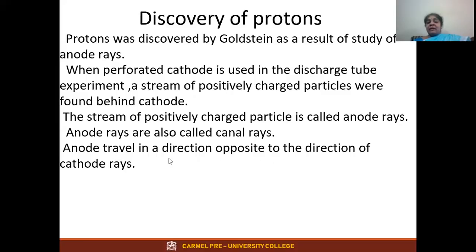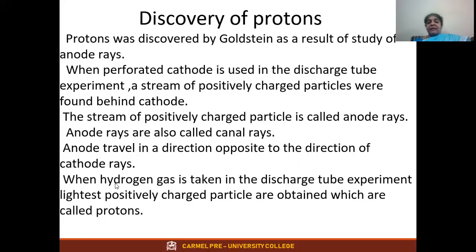The movement of anode ray is opposite to the movement of cathode ray. When hydrogen gas is taken in the discharge tube experiment, the lightest positively charged particles are obtained, which are called protons. So that is how a proton was discovered.